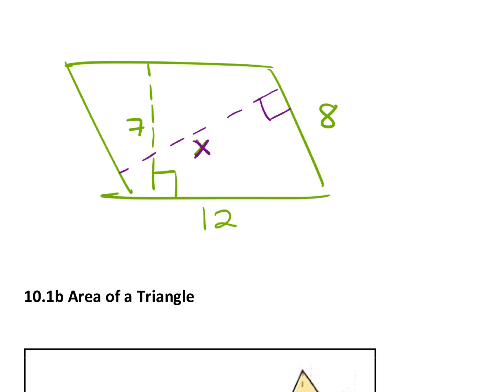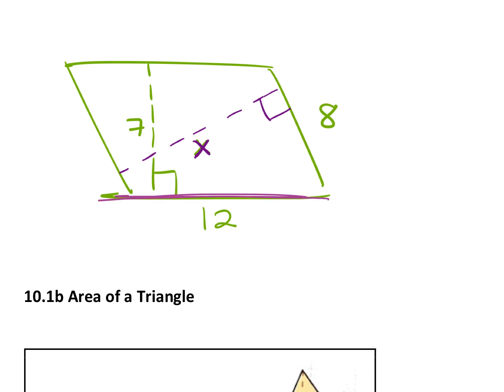I want to know what x is. That's a height of the parallelogram. Your job is to figure out what base and height go together. Which base do you want to start with? 12.